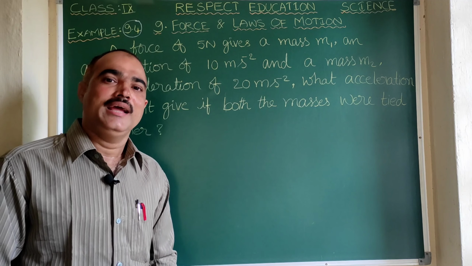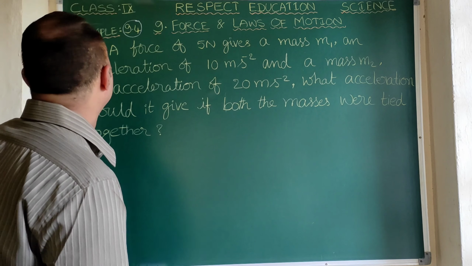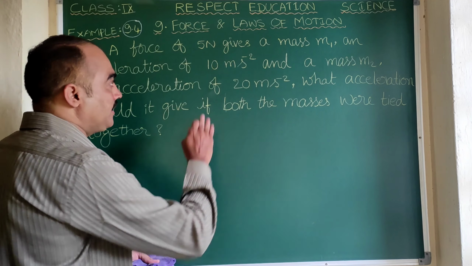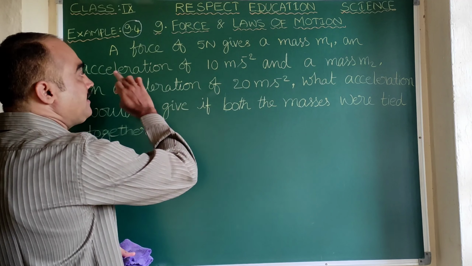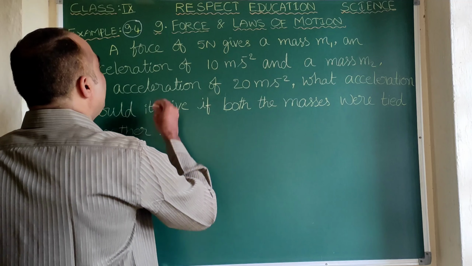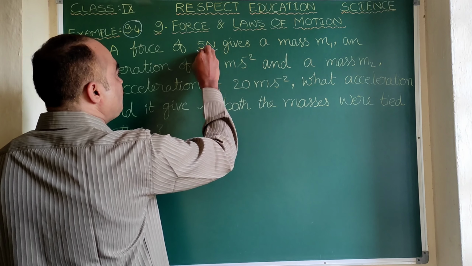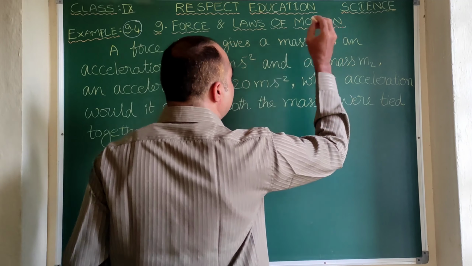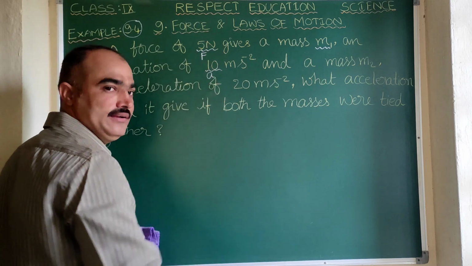Now we see example 9.4. Let us see the question. A force of 5 Newton gives a mass m1 an acceleration 10 meter per second square. Here let us consider this value 5 Newton as force, this is the mass, and this is acceleration denoted by small a.